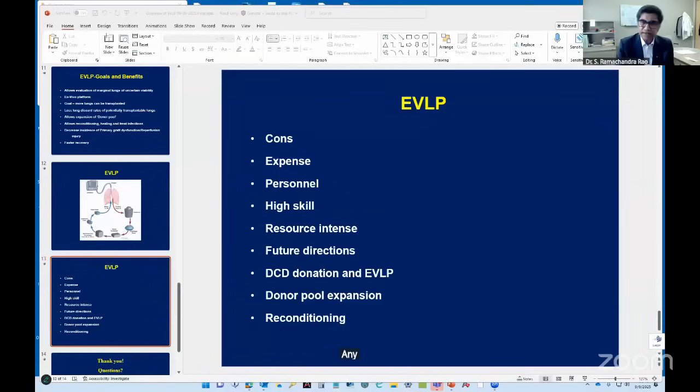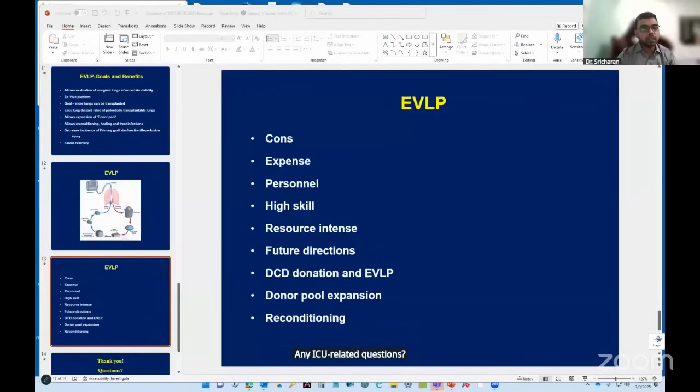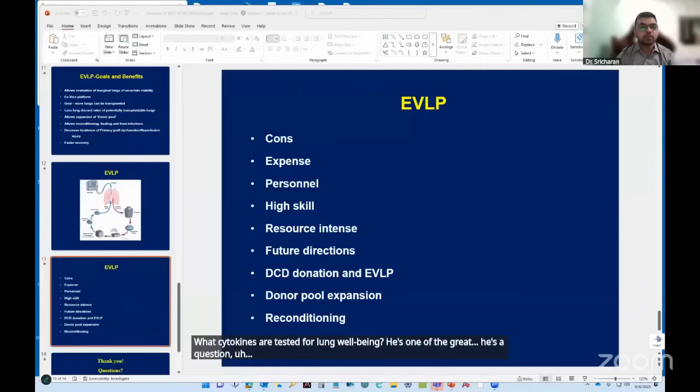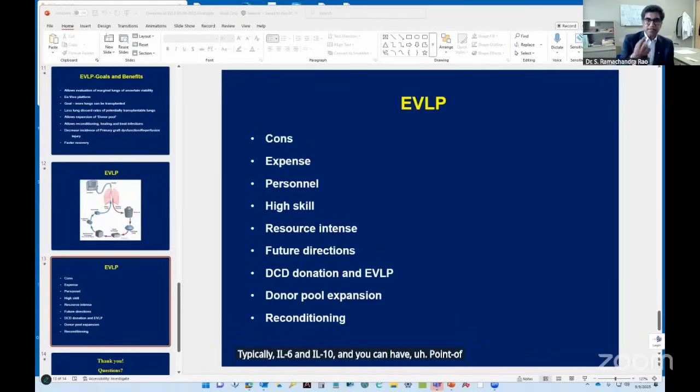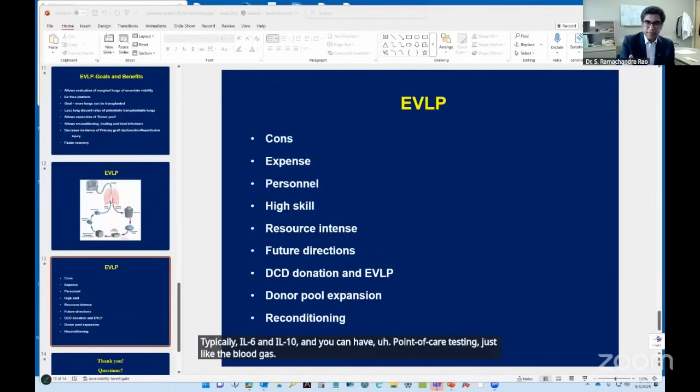Any ICU related questions? What cytokines are tested for lung well-being? That is a question from a professor. Typically, IL-6 and IL-10, and you can have point of care testing just like the blood gas. It is generated in the report.